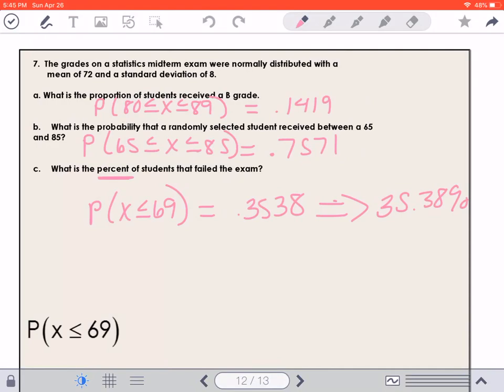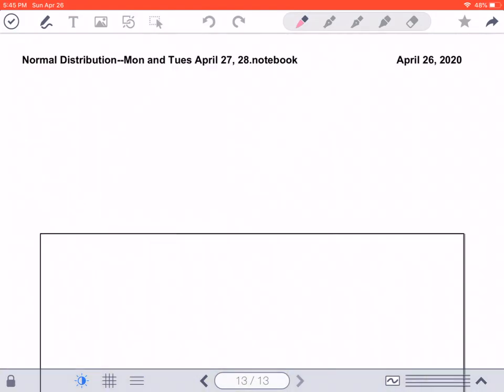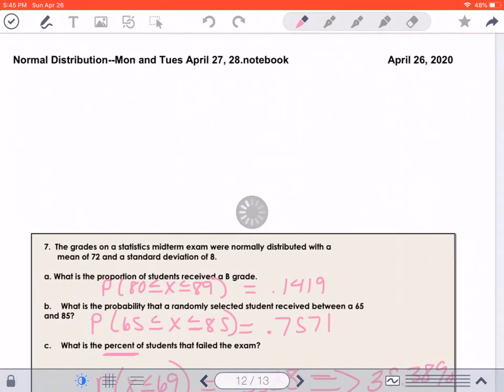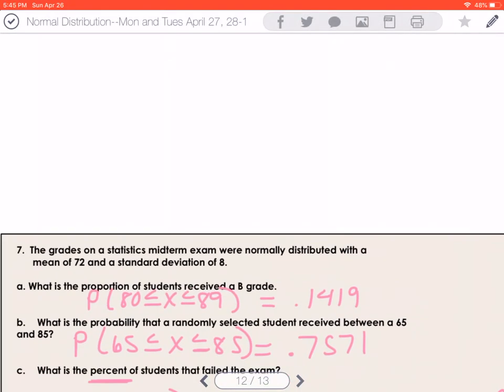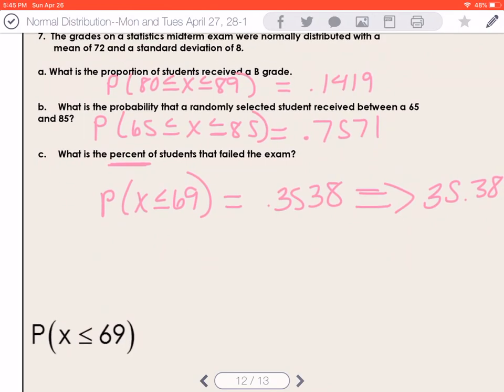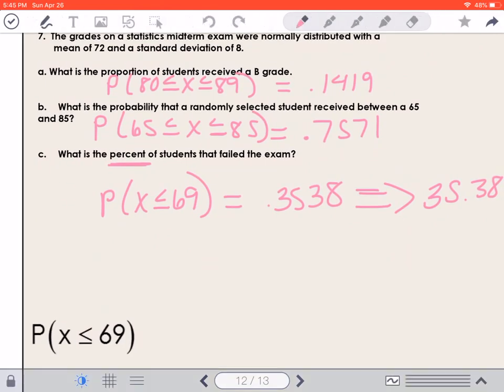All right, and then the last little question that we have here, and I'm actually going to go back and I'm just going to add it here to the bottom. What if I asked you this question, D, that said, out of 130 students, how many got an A?